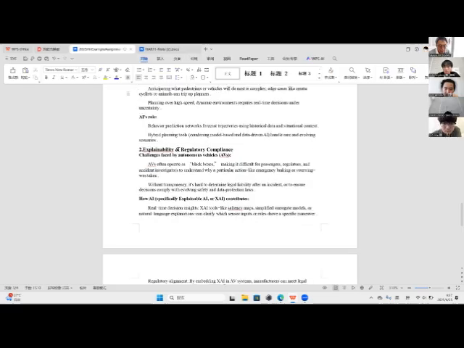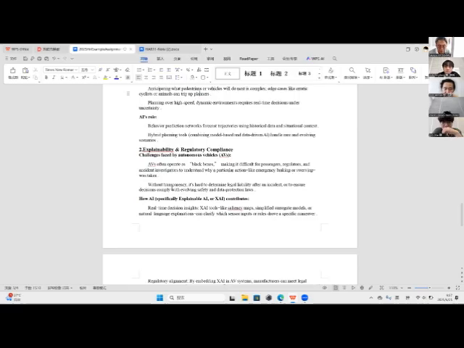explainability and regulatory compliance. For autonomous vehicles, AVs often operate as black boxes, making it difficult for passengers, regulators, and accident investigators to understand why a particular action like emergency braking or swerving was taken.